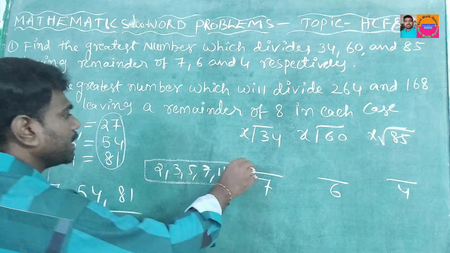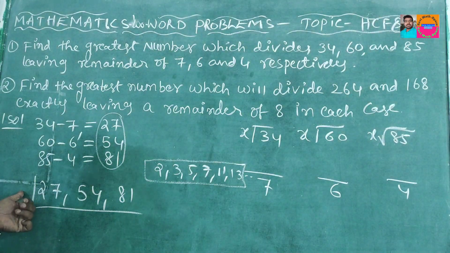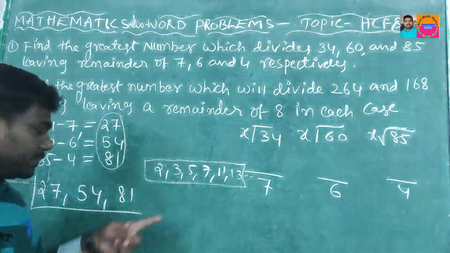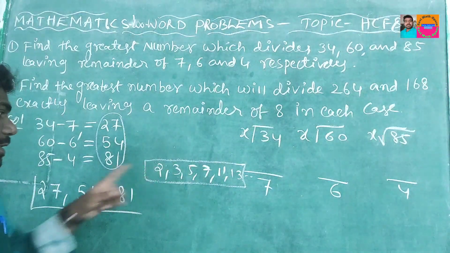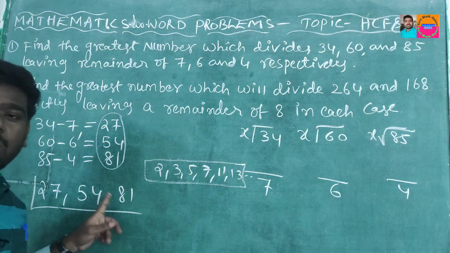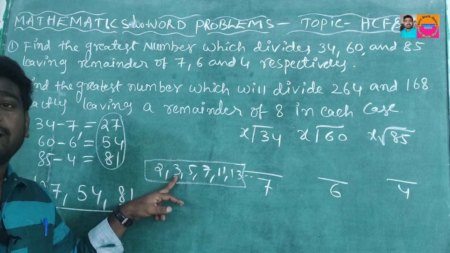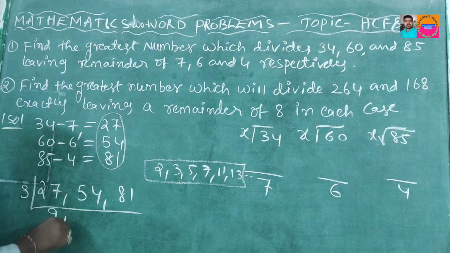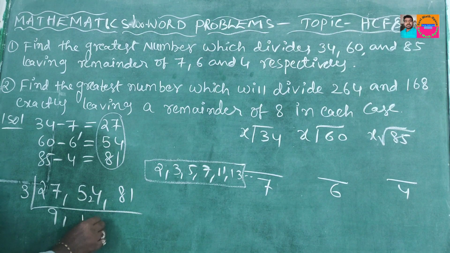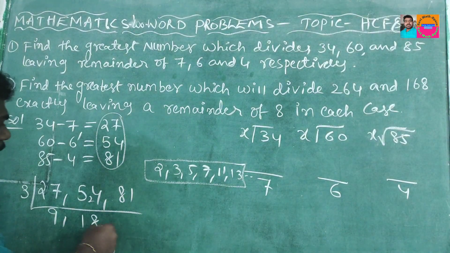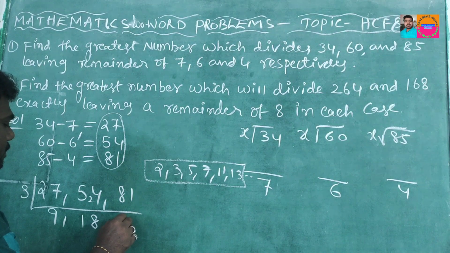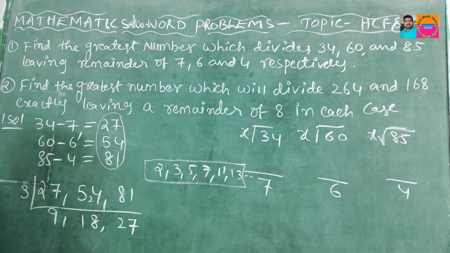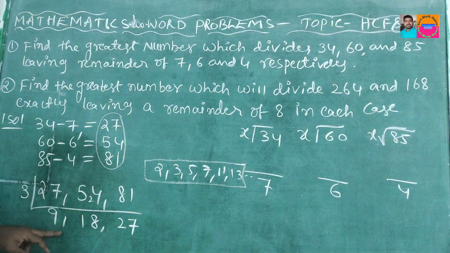We should take a common prime number of these 3 numbers. 2 is not common to these 3 numbers, but 3 is a common prime number, so I am considering 3 here. 3 nines 27, 3 eights 24, 3 twos 6, 3 sevens 21. So 27 divided by 3 you get 9.